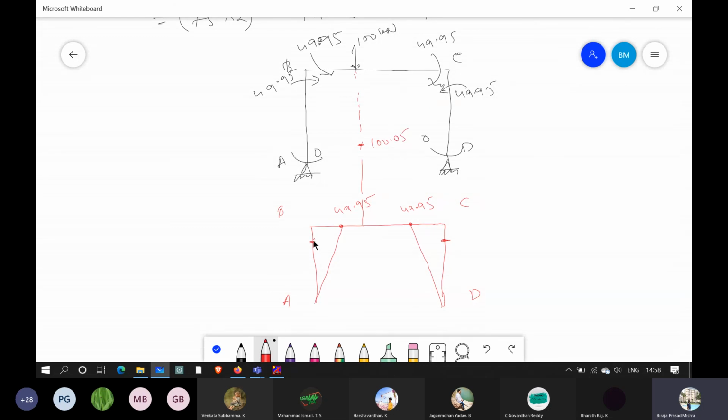So it will join like this, just like a triangular load. Please pardon me because my lines are not straight. Let me put this in another color so that you can understand this.